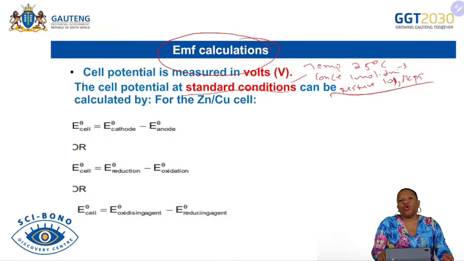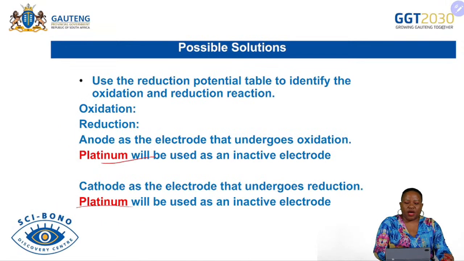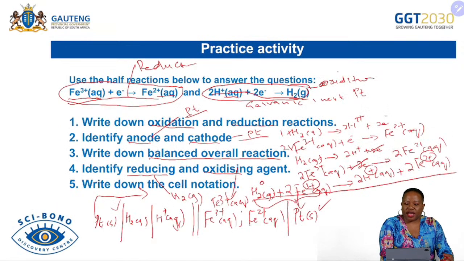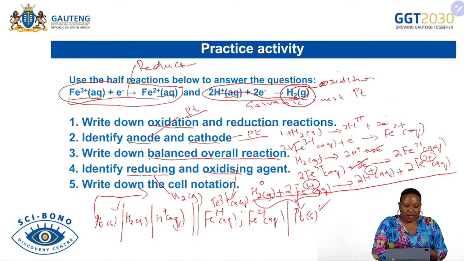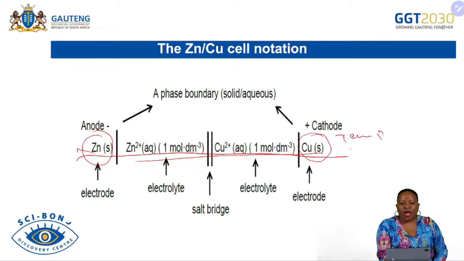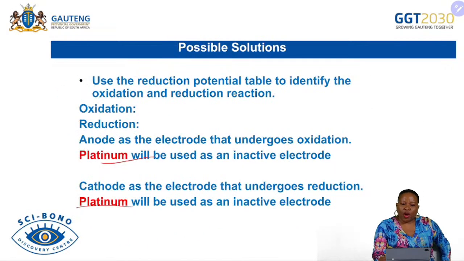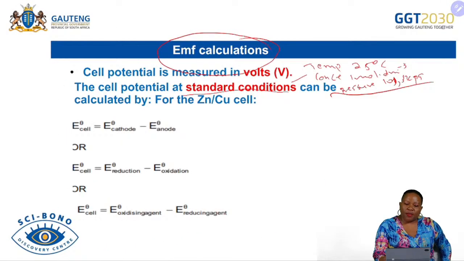But with pressure, you must be very careful. For the previous example, yes, pressure is applicable because we had a gas, which was hydrogen. But with the ones that I did before, like this one, we'll only use the temperature and the concentration because we don't have gases. So it is very important to know when these conditions are suitable.